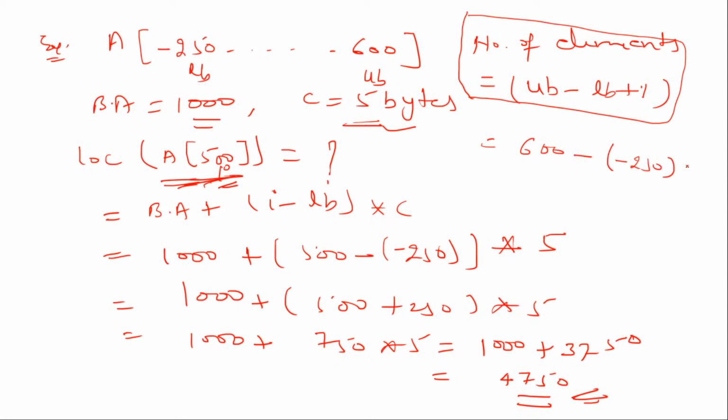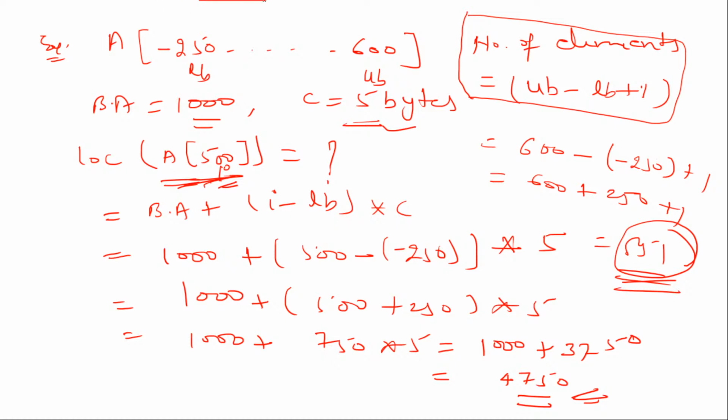Minus 250, plus 1. 600 plus 250 plus 1. What would be the total? 851. So the total number of elements is 851 in this array, and this is how to find the address location.